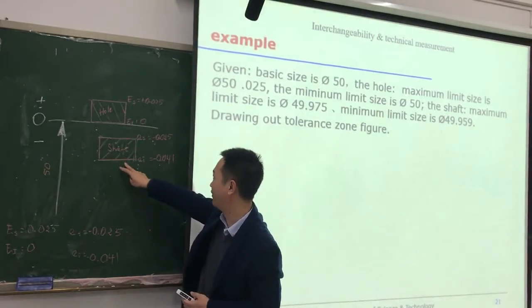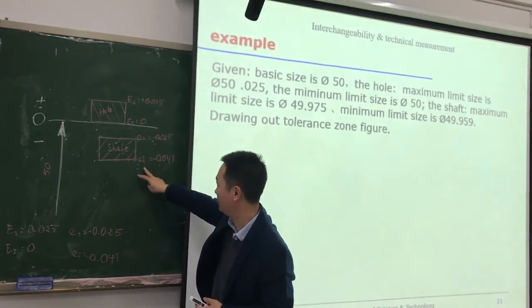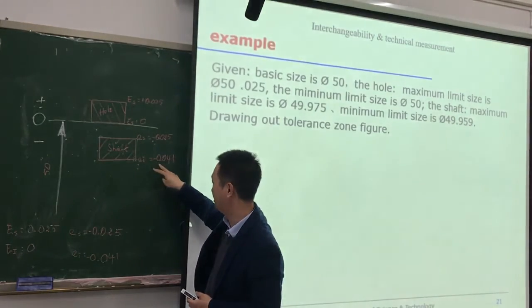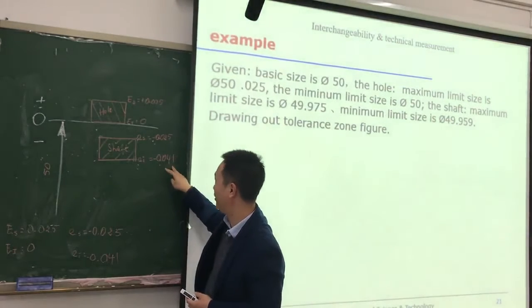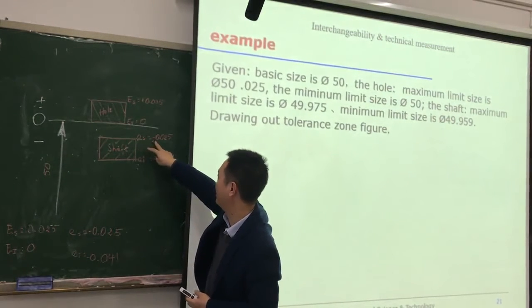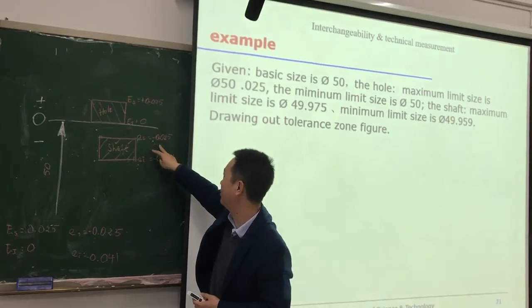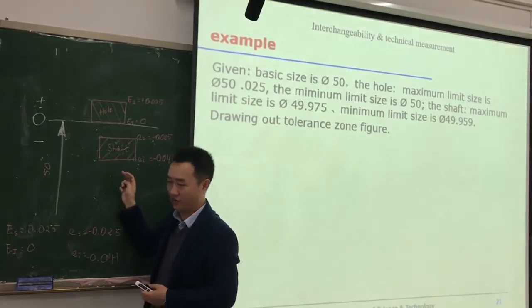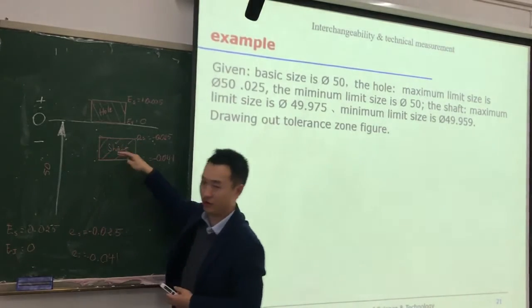And as for the shaft, we can calculate the result too. The lower deviation is minus 0.041, and the upper deviation is minus 0.025, and we can draw its zone.